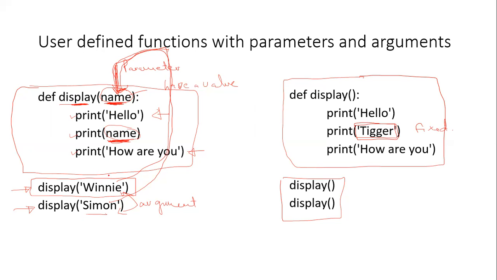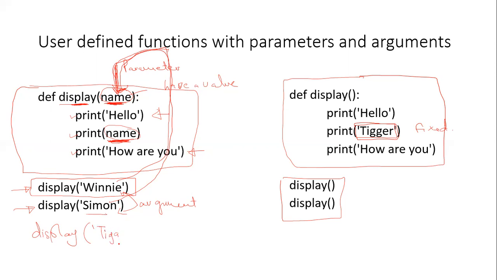So I hope you can see that through the use of a parameter, the block of code, your function, becomes a lot more flexible in how we call it. So I could call it in many different ways. I could then say display, and I could then give it some other value.